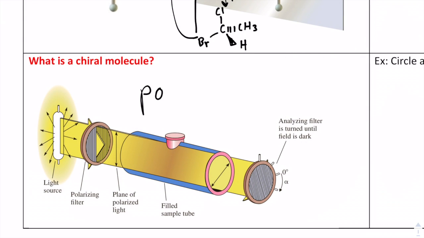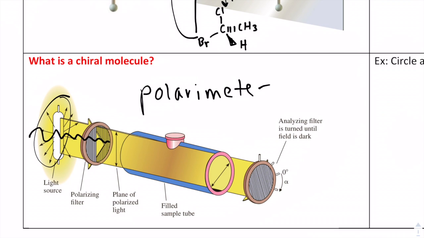Polarimeter. I hope I'm spelling that right. So it's a polarimeter, and you can see that we have some sort of light source that we're shining through this polarizing filter. So we have this one stream of light, and this chamber over here is filled with a solution of the specific molecule that we're analyzing.